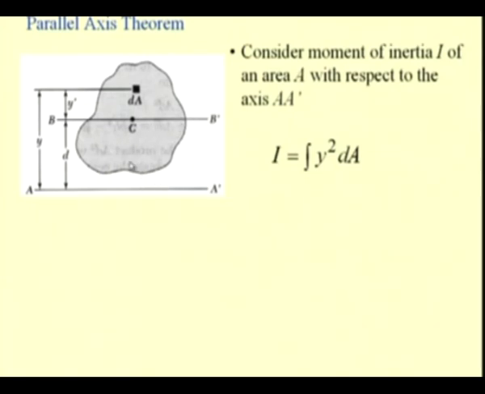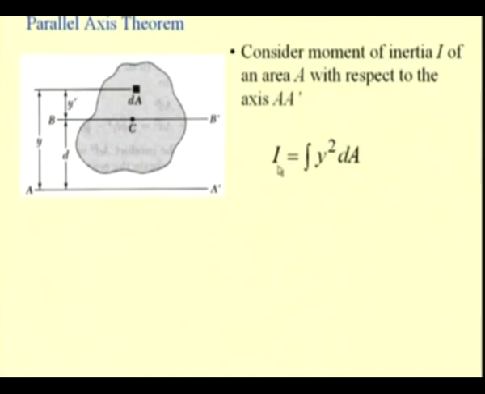And let us say we have this x axis or this A prime axis, and the distance of any given differential element dA is y from this axis A prime, and if d is the distance between these two parallel axes, then the distance of this element dA with respect to this axis is nothing but y minus d, or this y prime distance.